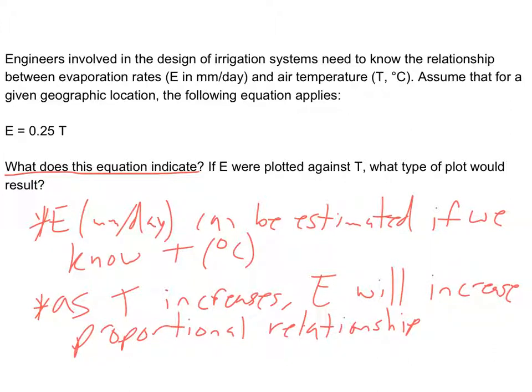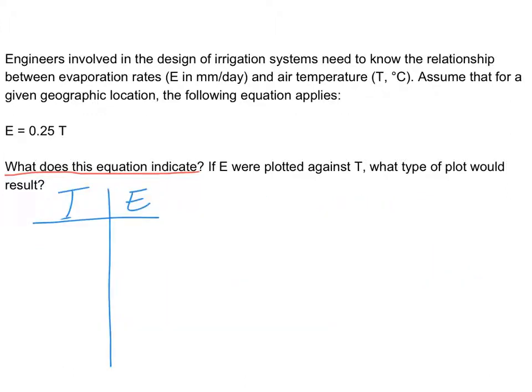Because if I start plugging in values of T and my T values get bigger, my E value will also be getting bigger. And we can show that with a table. So if I did 0.25 times 10, I would get 2.5. So at 10 degrees Celsius, the evaporation rate is 2.5 millimeters a day. If I did 0.25 times 20, I would get 5.